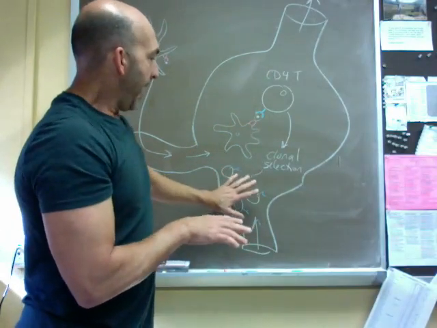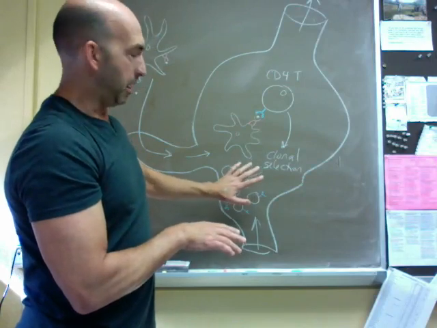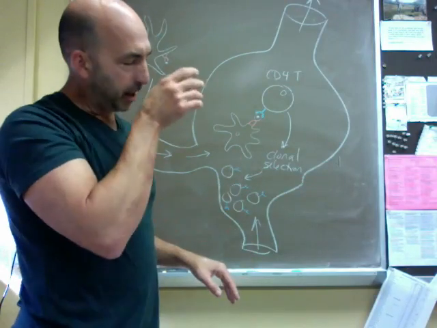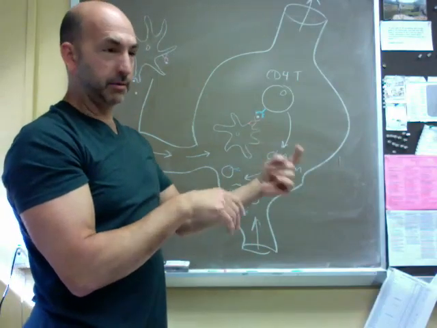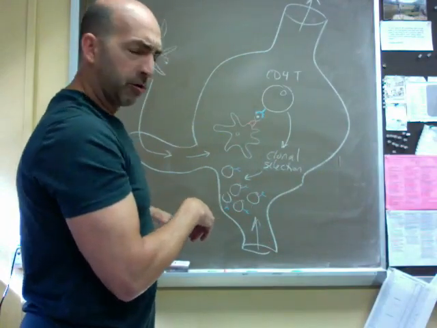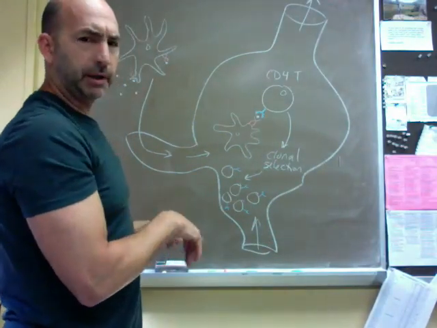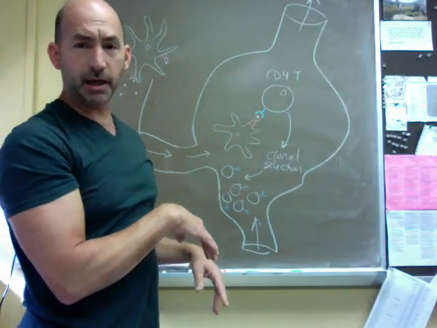The active helper T cells will go on and do a bunch of things. The big one being help activate the B cells so that the B cells can eventually divide and differentiate and produce antibodies. But they also go off into the periphery to release cytokines, chemical signals that activate the phagocytes and do all kinds of stuff.